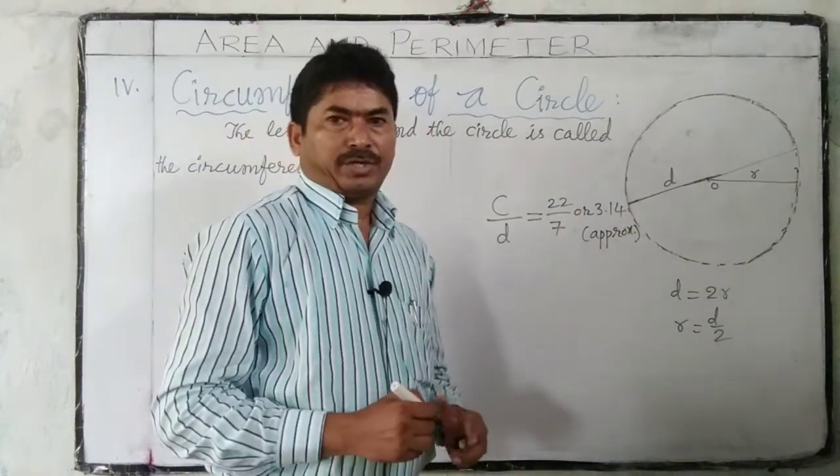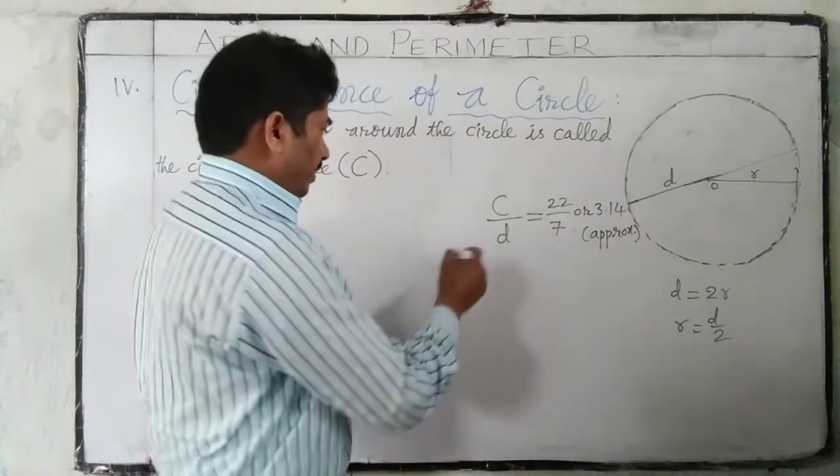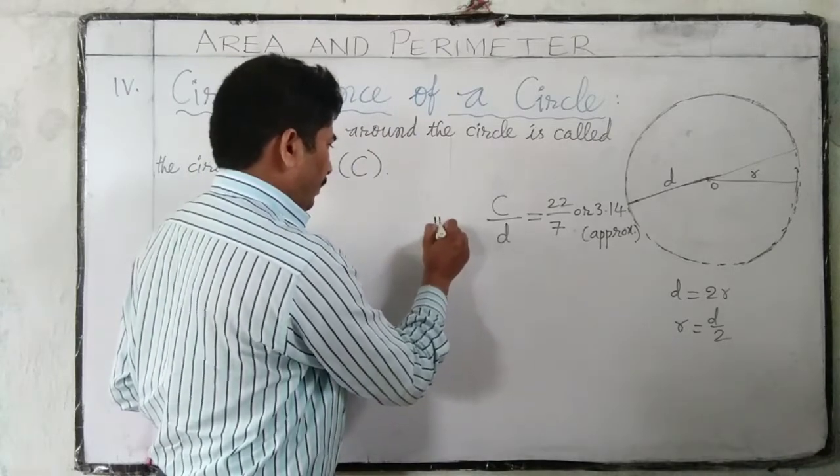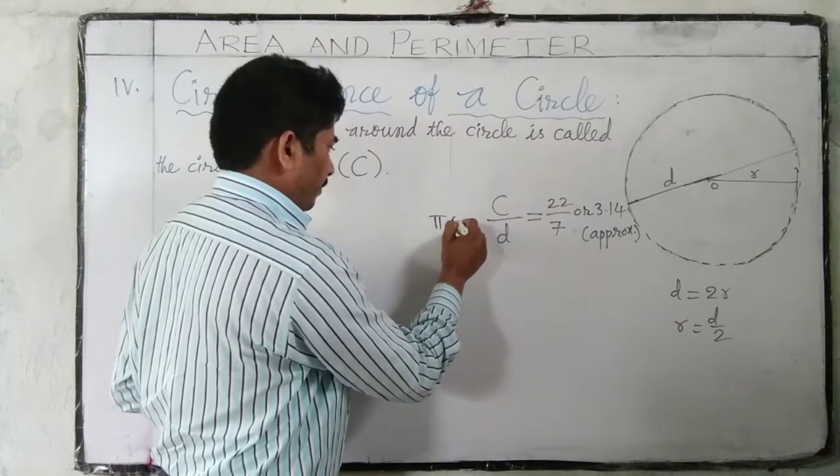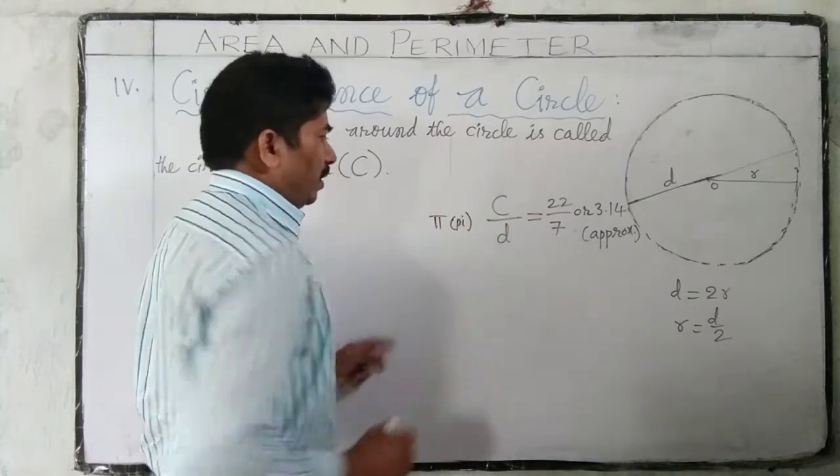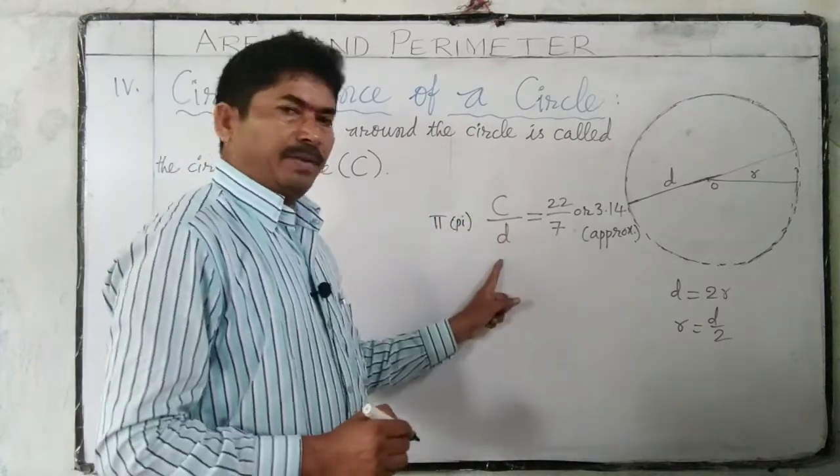This is a constant. It is denoted by the letter pi. Pi is equal to C by D.